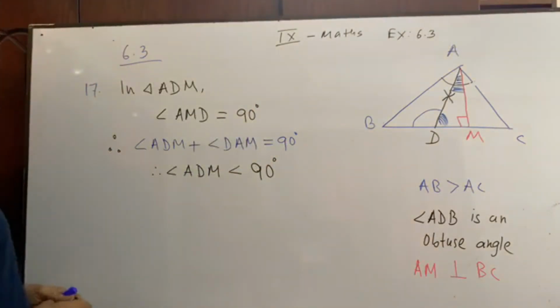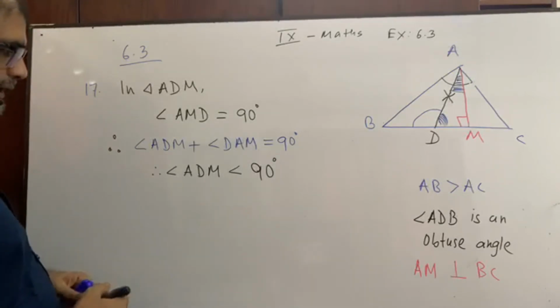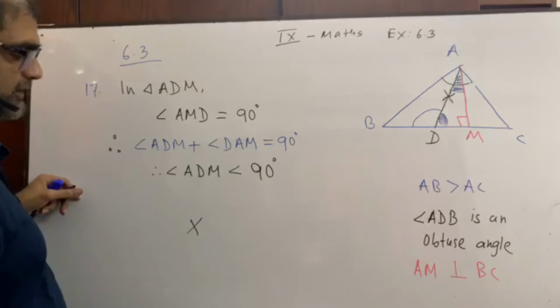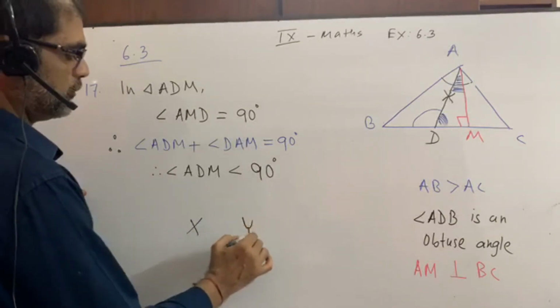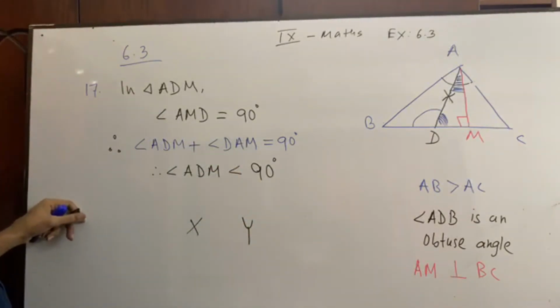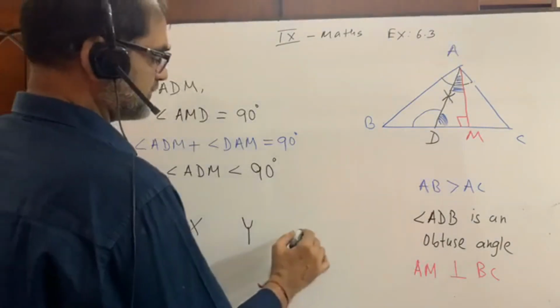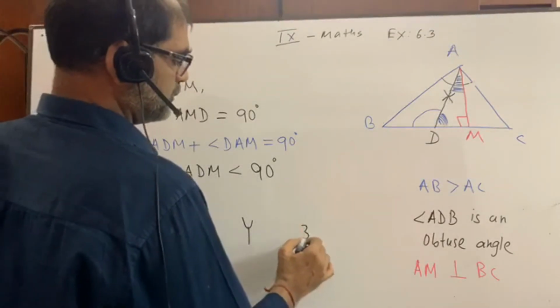Just talk to me. Suppose two students X and Y, and the sum of their ages is, suppose, 32 years.